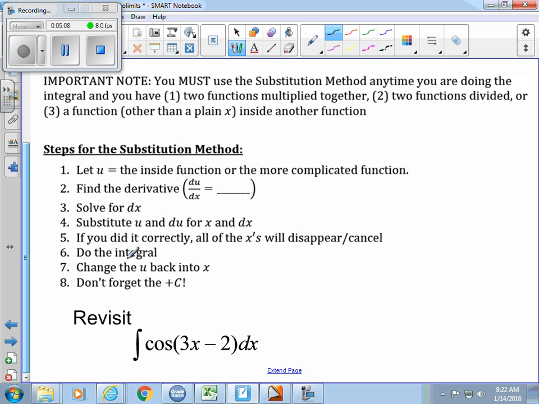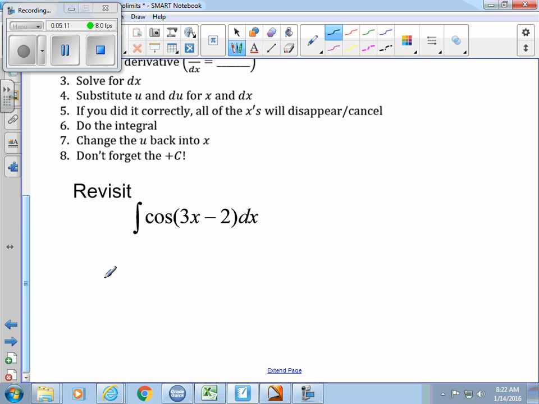So we're going to revisit the bell ringer, but now with a technique after you've had time to write.